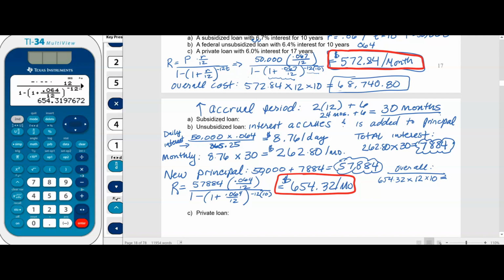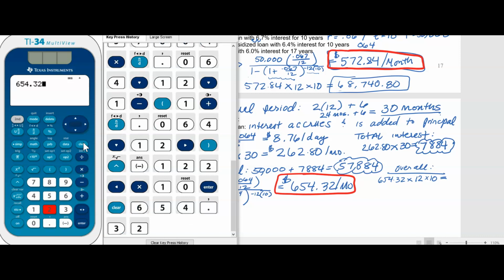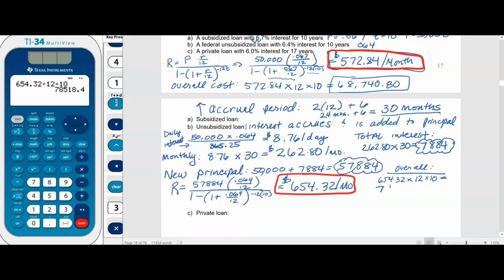And then if you multiply that all out, I'm just going to come over here to my calculator, and then we've got 654. Notice I'm using the rounded value here. So 654.32 times 12 months in a year times 10 years, and we end up getting $78,518.40. So that's the big number here.